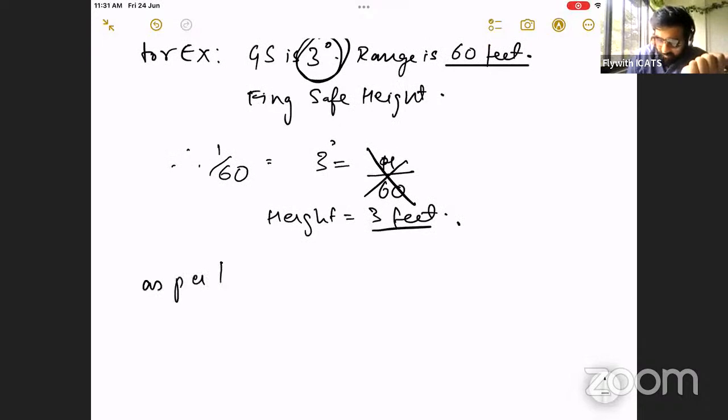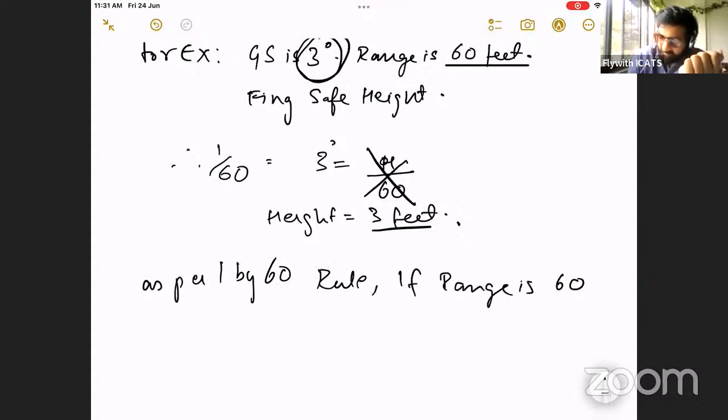So write it carefully. As per the 1/60 rule, if range is 60, then height is equal to glide slope.